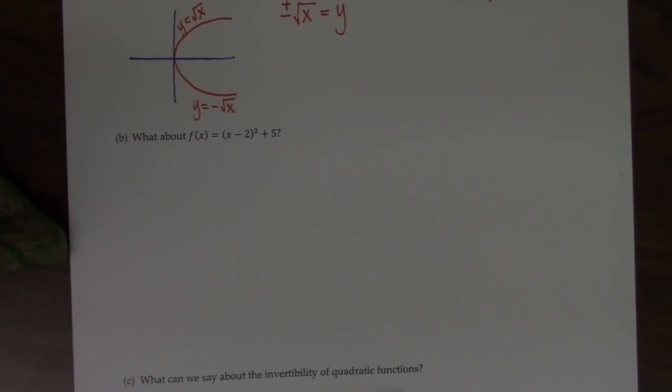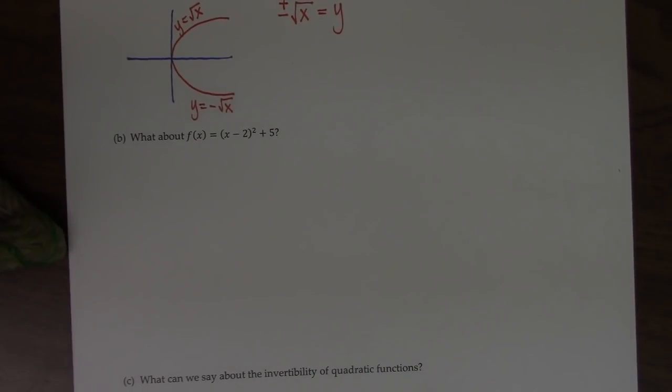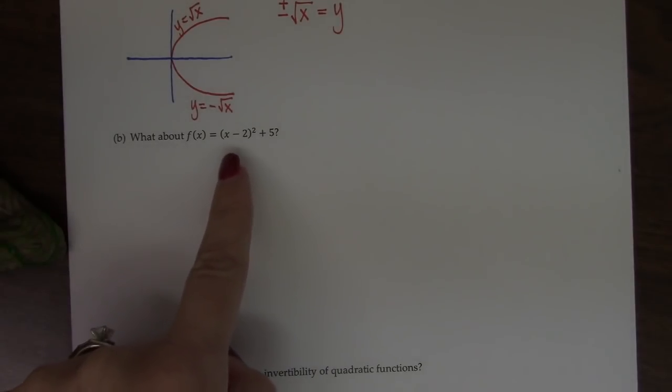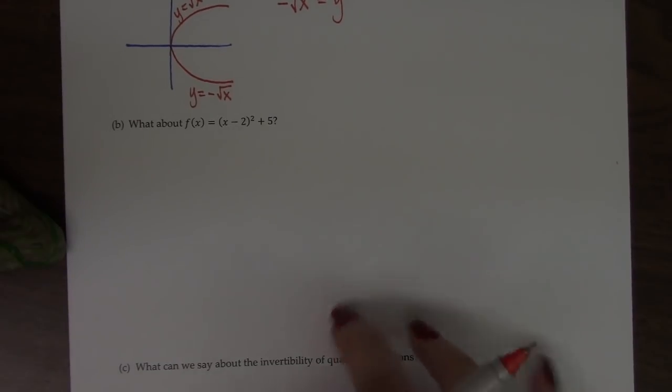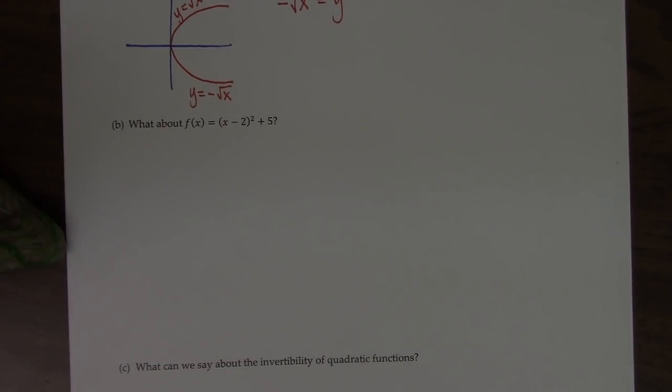B says, what about the graph of (x minus 2) squared plus 5? This is a parabola that is shifted to the right 2 places and up 5 places. So it's still a parabola, and we're still going to have the same problem. What we want to do is restrict it around that turning point.